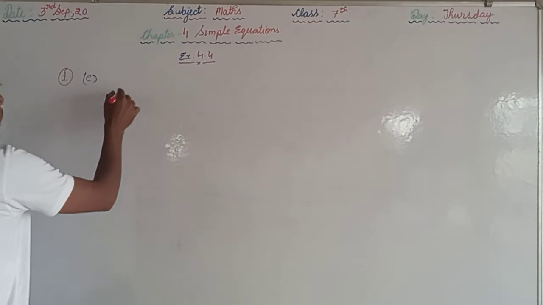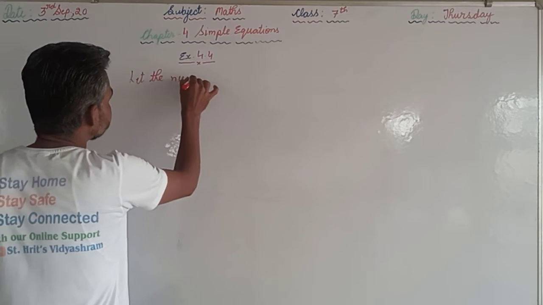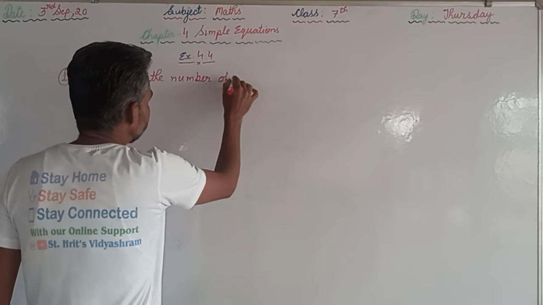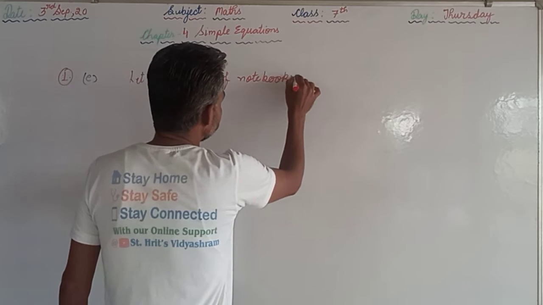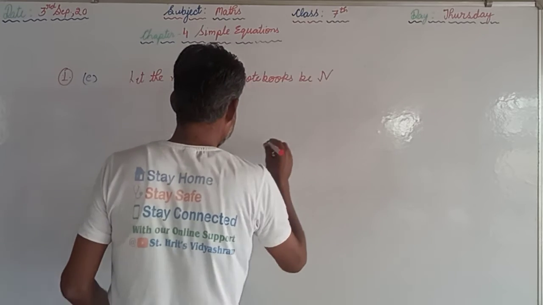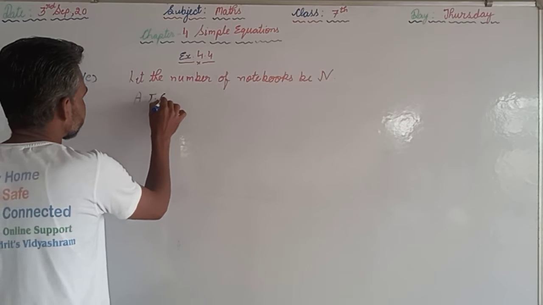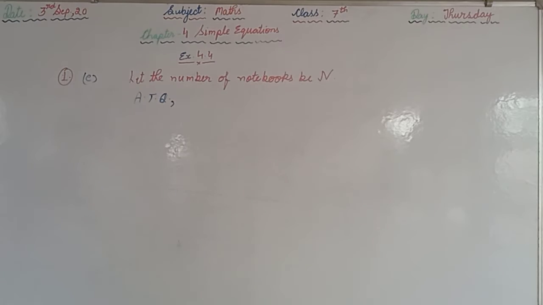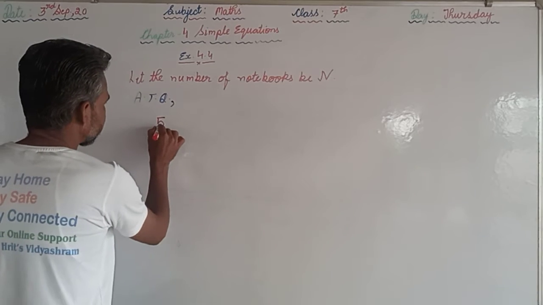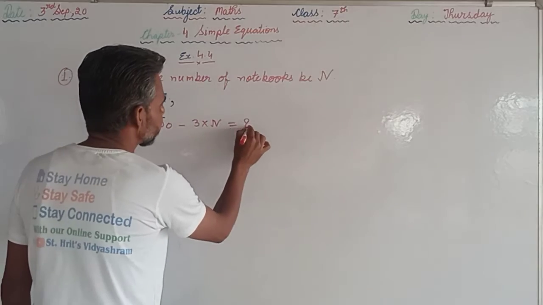Let the number of notebooks be n, and according to the question, if Munna subtracts thrice the number of notebooks he has from 50, means 50 minus thrice, means 3 into n, and he gets 8.